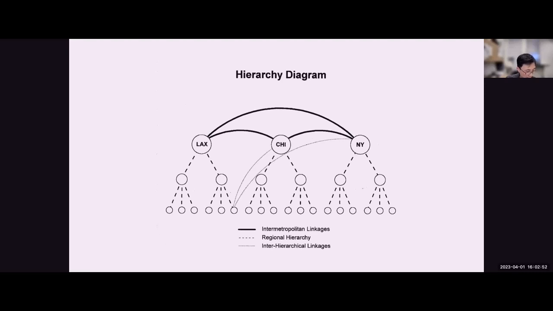This diagram also shows three different levels. The top tier consists of the big cities: LA, Chicago, and New York. We call those the first tier cities, each with a group of smaller cities.